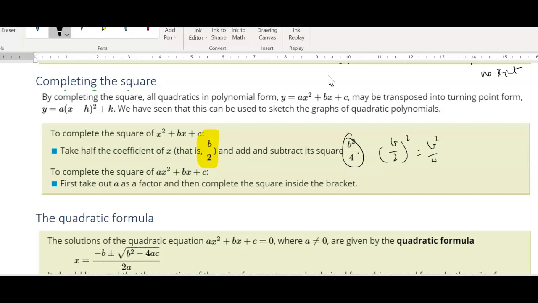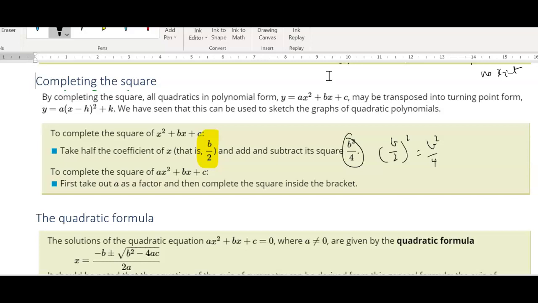To complete the square, take out a as a factor and then complete the square inside the bracket. Now, you can take anything out as a factor, but if it's too complicated to complete the square, I probably wouldn't complete the square. Completing the square is good for seeing what the transformations are.